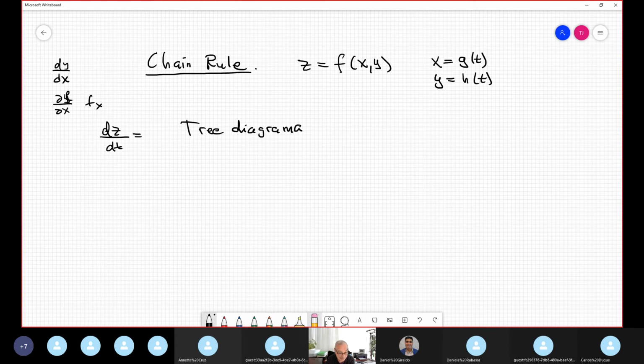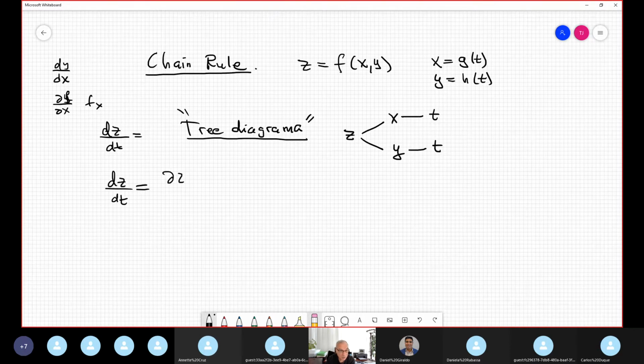The tree diagram is: z depends on variables x and y, x depends on t, and y depends on t. This is the tree diagram. What is the formula? dz/dt is equal to the partial derivative of z with respect to x, which is this segment, times the ordinary derivative of x with respect to t. What is the reason that this is a partial and this is just d?